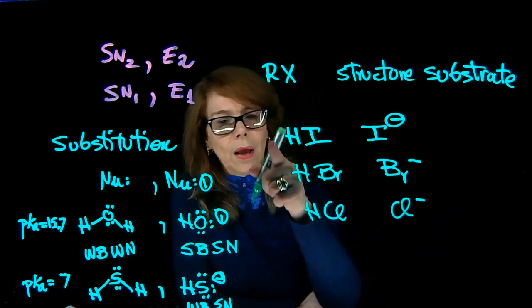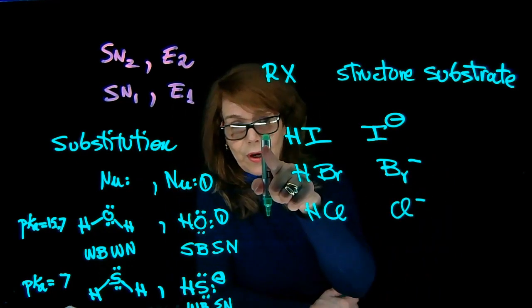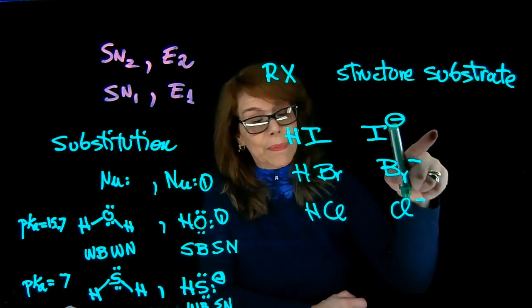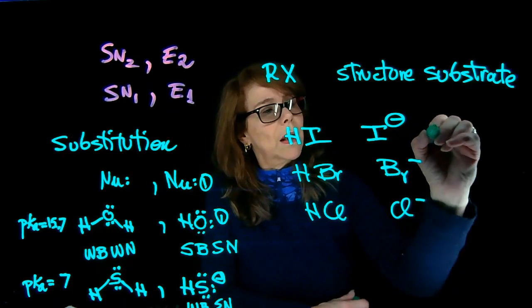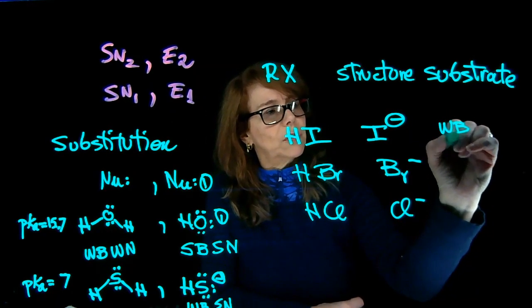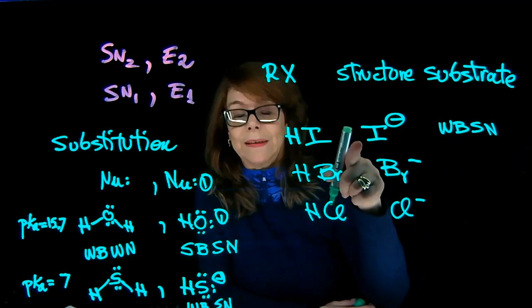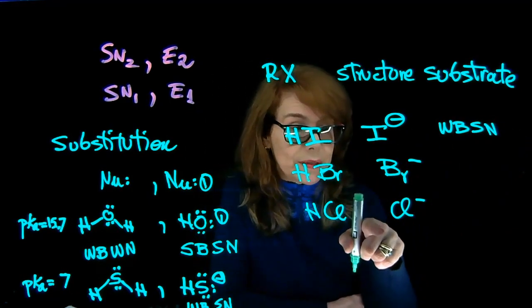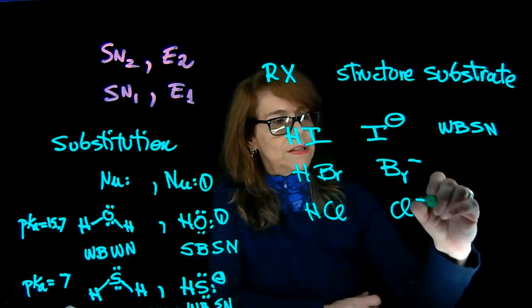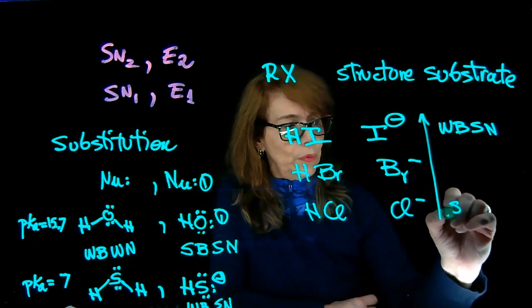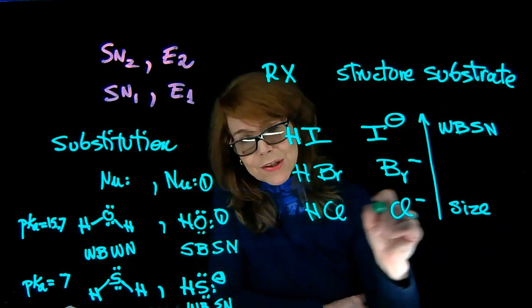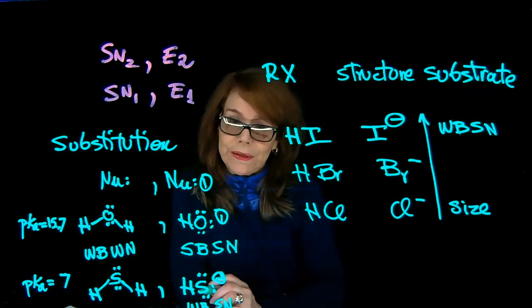Here, the stronger acid is hydroiodic, that's the weaker base, but it is a strong nucleophile. And the fact that it's a strong nucleophile is because, again, it's much larger, compared with, say, chloride. So size is increasing this way, and so is the nucleophilicity.